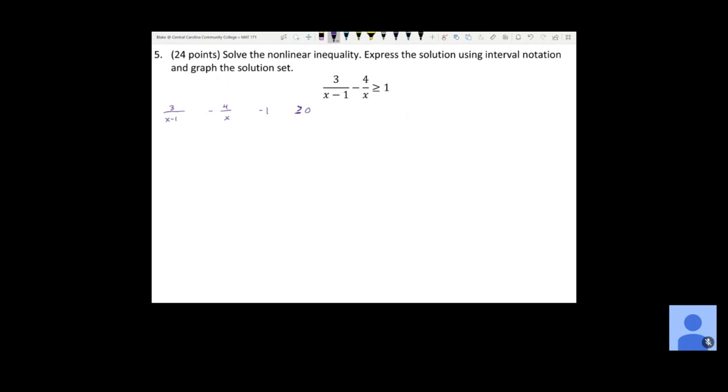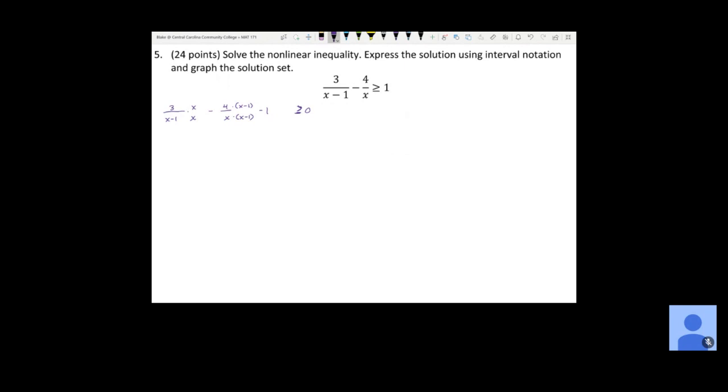That means I'm going to multiply the first fraction by what? X, right? So I'm going to multiply numerator and denominator by x. Now the 4 over x, I need to multiply by what then? The x minus 1, good. Times x minus 1, and I have to do the same thing in numerator and denominator.